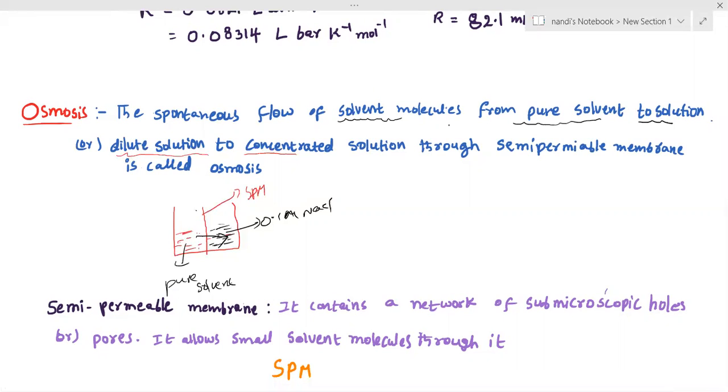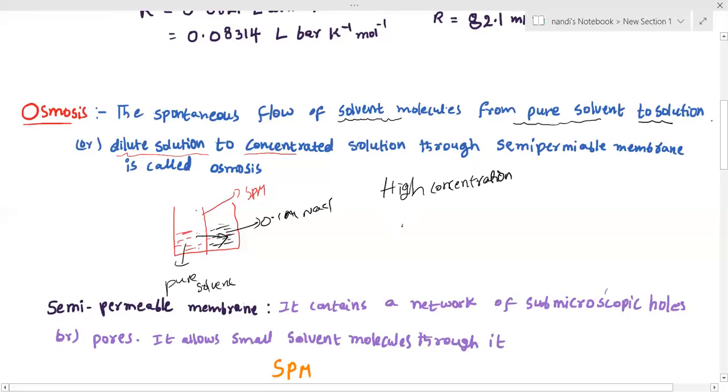High concentrated to low concentrated solution. That is a term they are using, sir. Correct. When you use that term, high concentration is with respect to solvent. So wherever there is high solvent, it means low concentration with respect to solute. With respect to solvent, high concentration to low concentration.